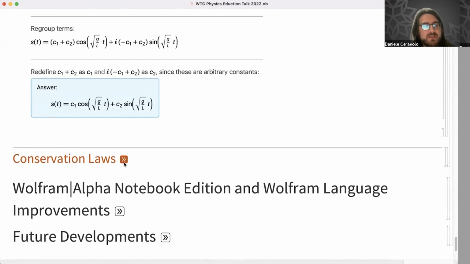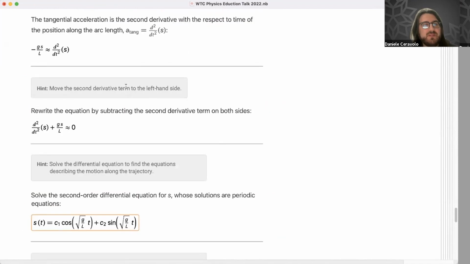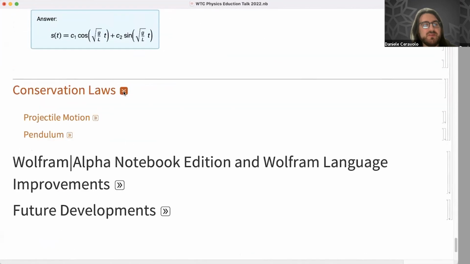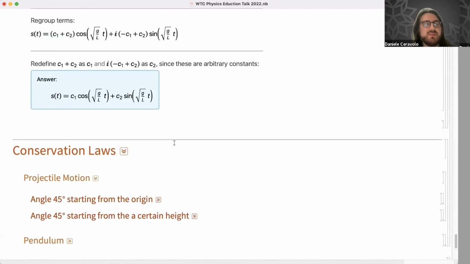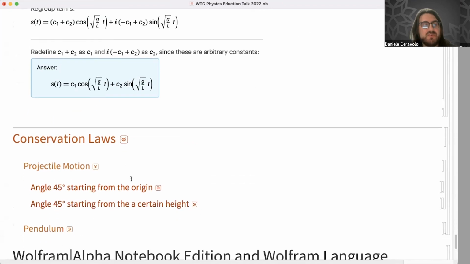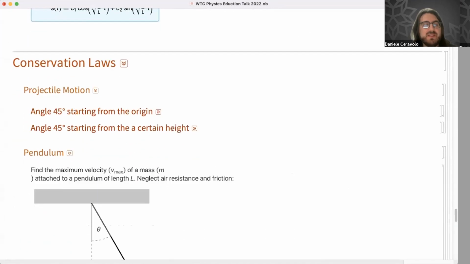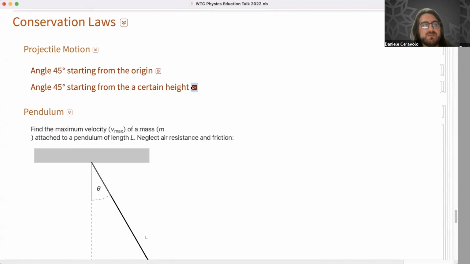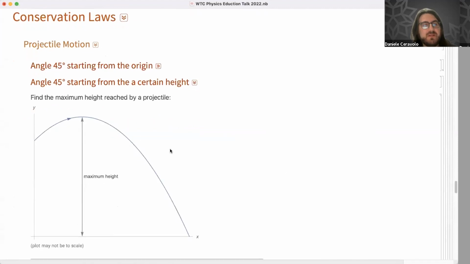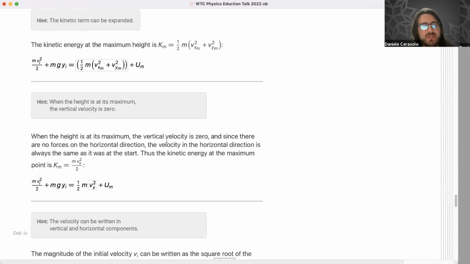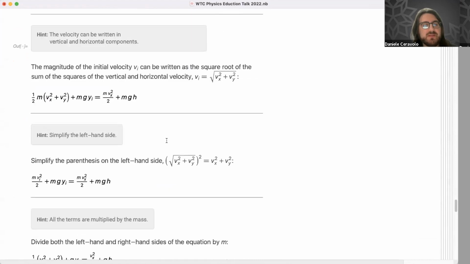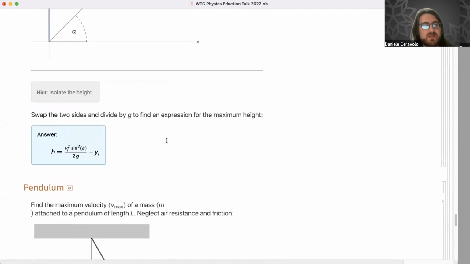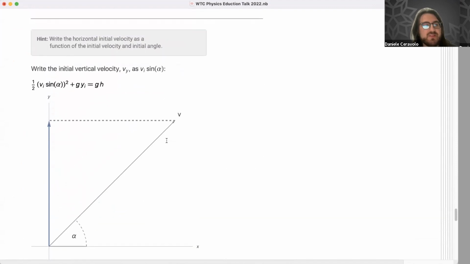And yeah, also one of the main things that is going to come is that we can use different ways to get the same result. So the student can choose if they want to use conservation laws instead of the kinematics. And so here, for example, for the projectile motion problem, we can use the conservation of energy to get the maximum, here in this example, the maximum height.